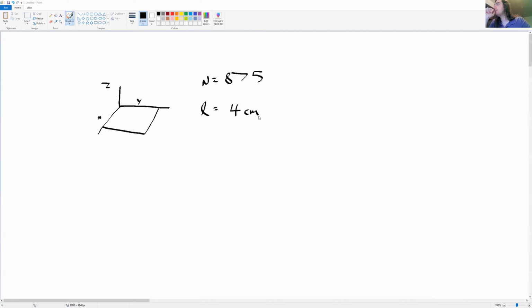The loop is in a uniform magnetic field that changes at a steady rate from 0.2 Tesla in the I direction, 1.5 Tesla in the K direction. So it looks something like this. It starts looking like that, and then it gets bigger in the X direction and negative in the Z direction.